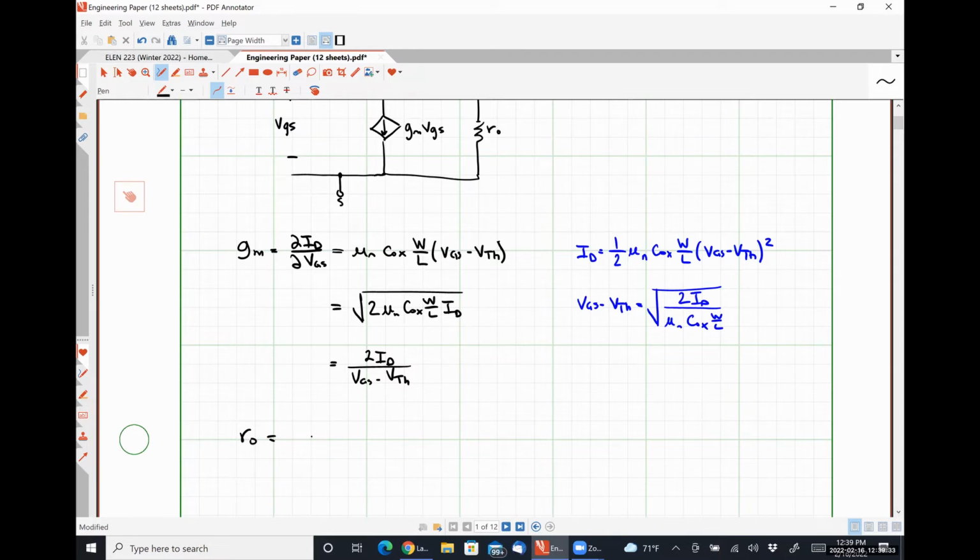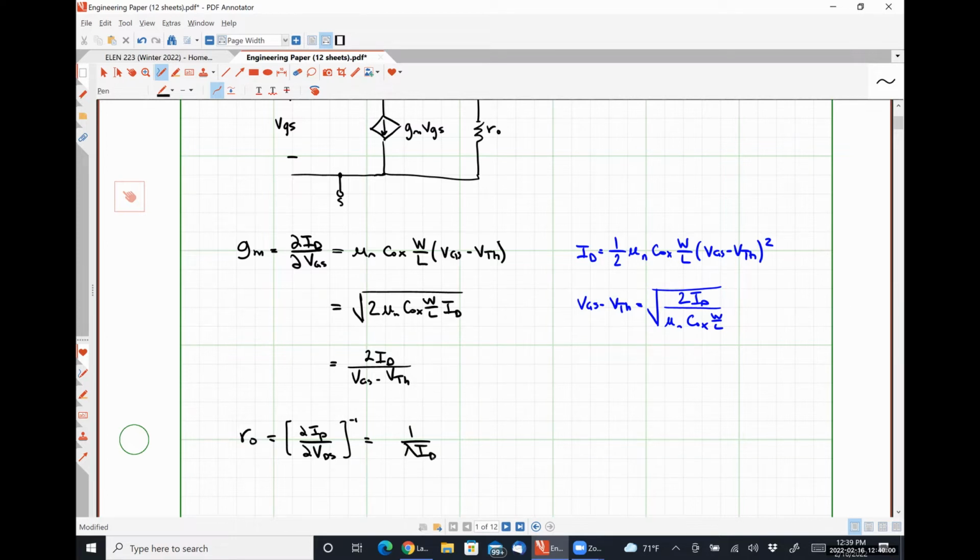We get one, so actually, let's see, it's the inverse relationship of the change in ID with respect to voltage VDS, which comes out to be 1 over lambda ID, where lambda is our channel length modulation coefficient.